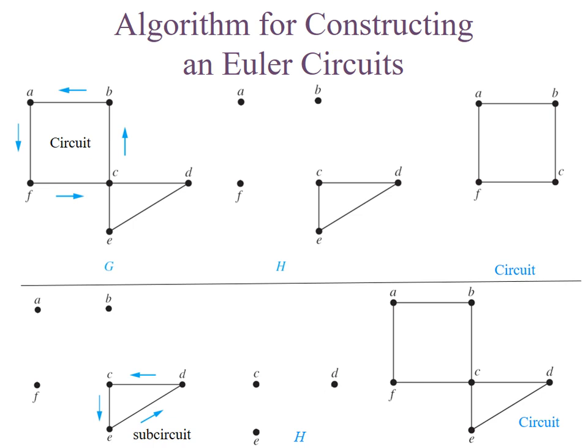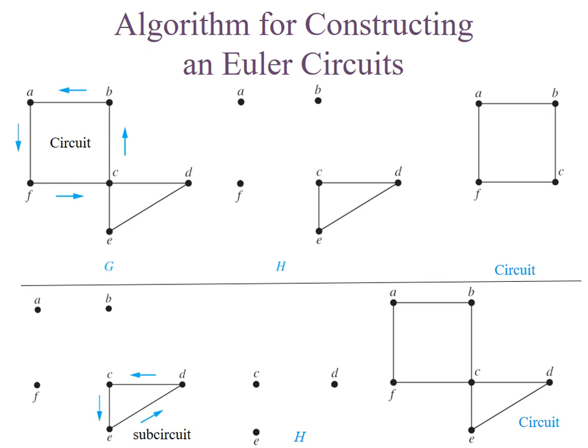Then we remove those edges from the original graph G and generate a new graph H. You can see in this new graph H, we don't have the edges of the circuit we discovered in the first step.